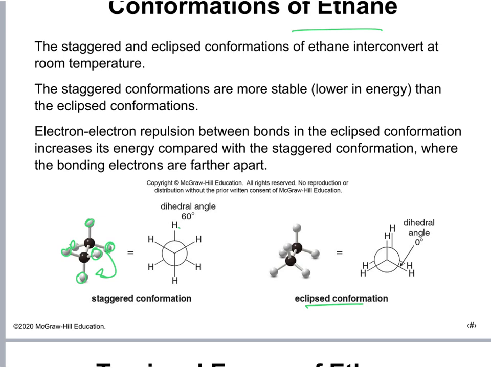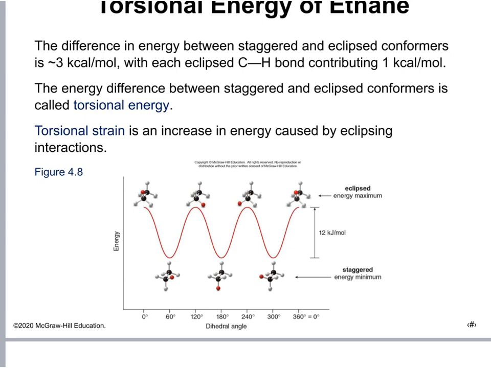So you're constantly going around this, and it's not that big of a deal when you just have hydrogens there. That's what they're showing you. Even though these are the eclipsed and they're higher energy, this is increasing energy, going through these different rotations.